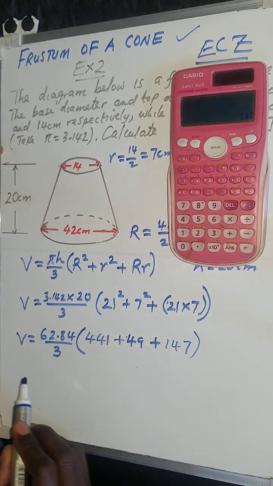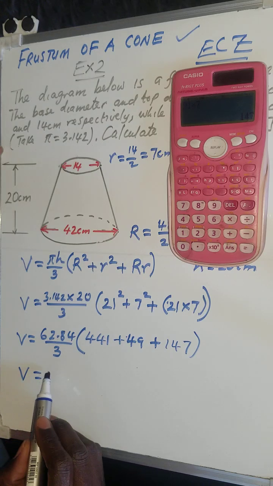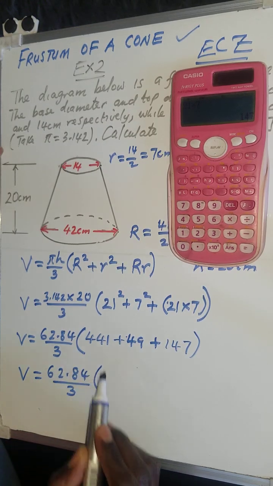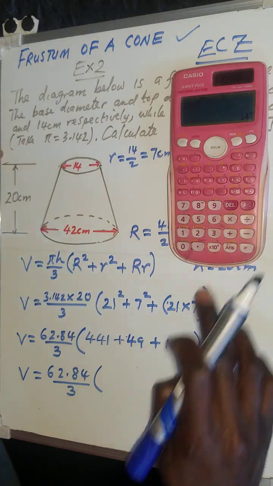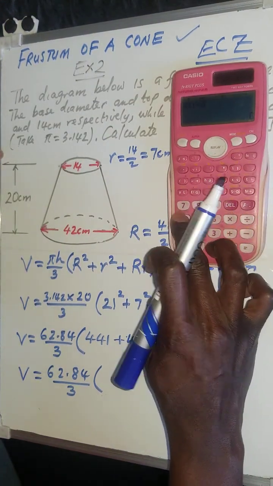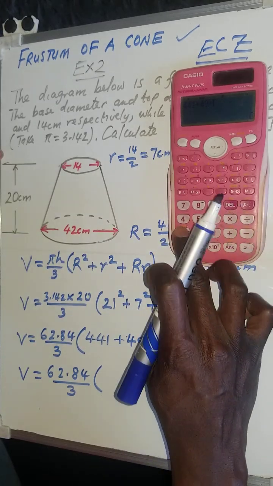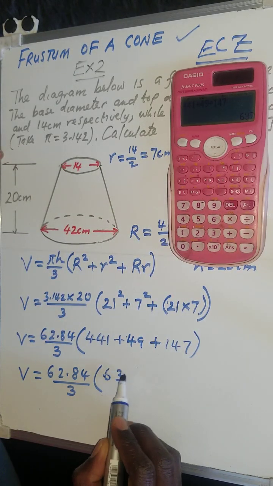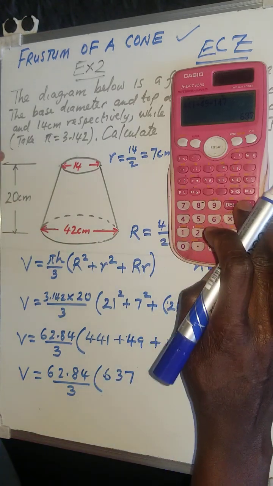So you can add that. So V is equal to 62.84 divided by 3. When you add all that, 441 plus 49 plus 147, I'm getting 637. So what we can do, it's very simple.